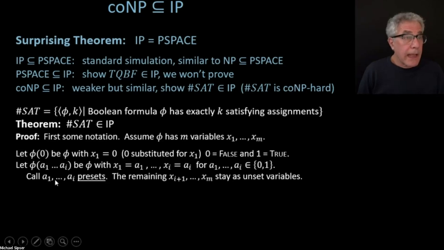And more generally, φ of a1 to ai, if I have i values a1 to ai, which to start off with are just zeros and ones, just Boolean values, is the formula with x1 set to a1, ..., xi set to ai, for those i constants, which are zeros and ones.